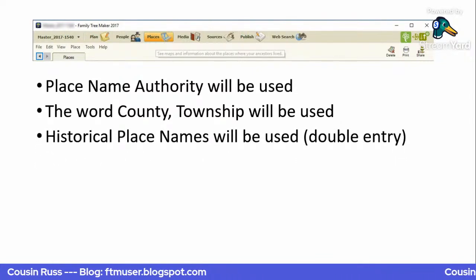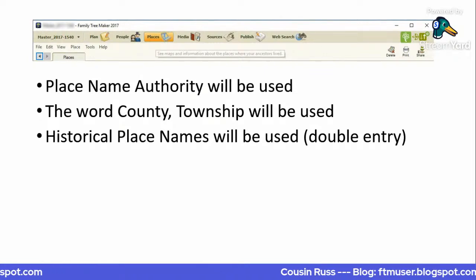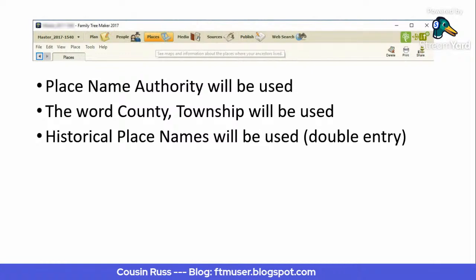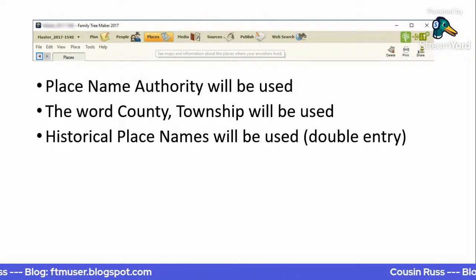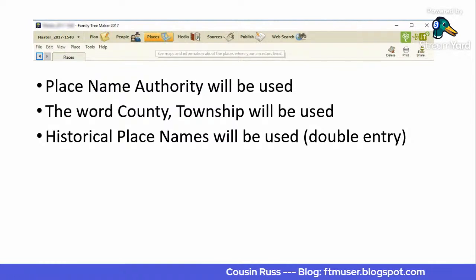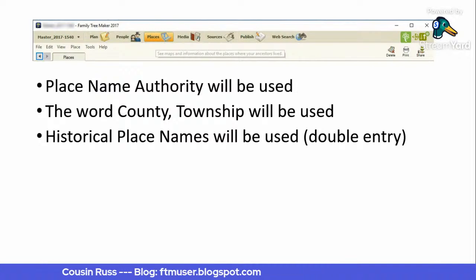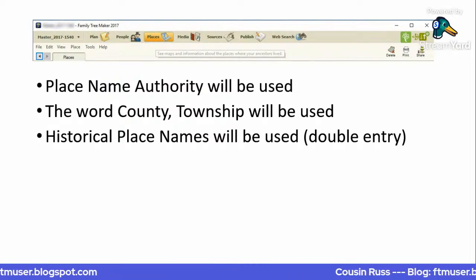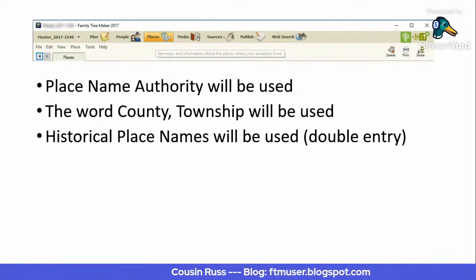The next thing in my rules is that I will use historical place names. What this means is that if I have a place name that is historical in nature, and I have an example in a minute, I will enter the data with that historical place name, but I also will use the current place name.